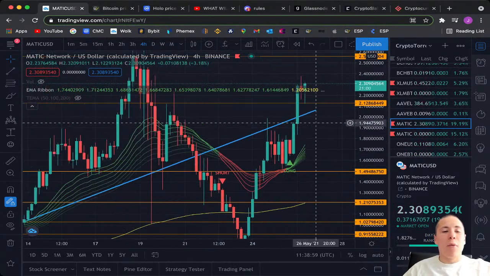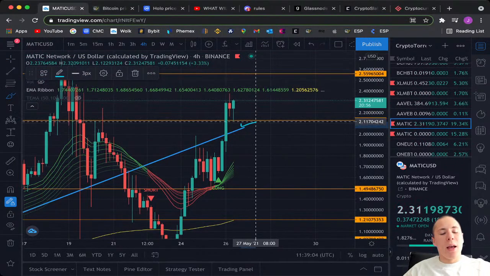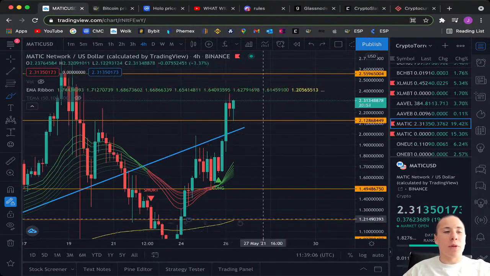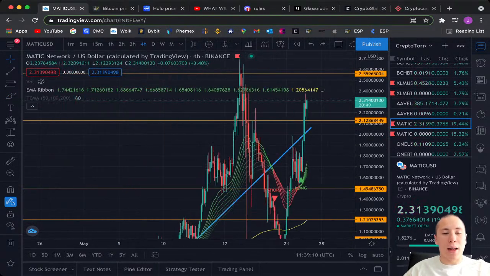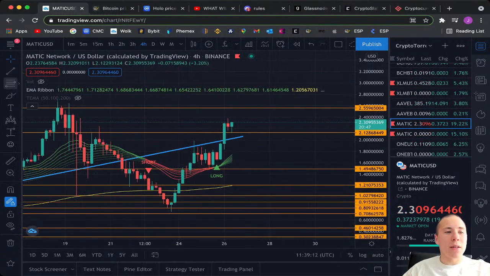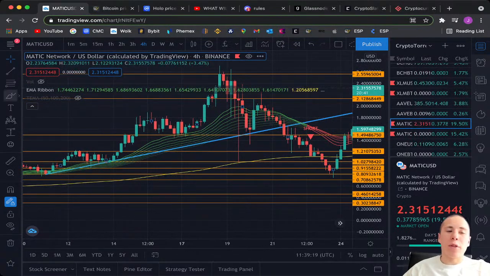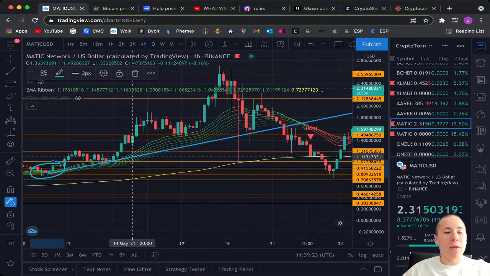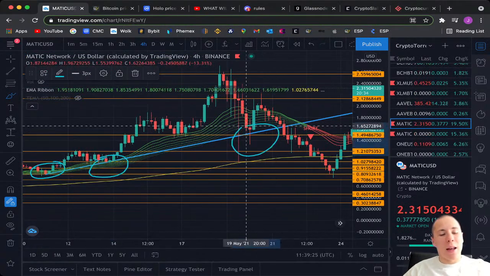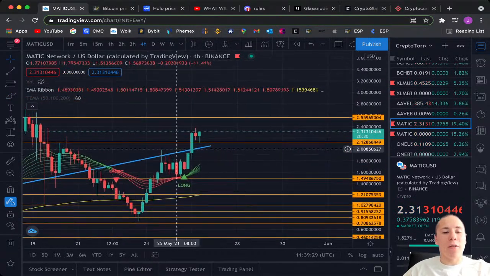And right now, what I personally want for Matic is to retest this upward sloping support and find support on top of it instead of breaking below this upward sloping support line. And as you can see, this is a major level of utmost importance because this upward sloping support line, or upward sloping resistance, as it served before, has already seen several touch points in the past and is actually a very important and key level of support and resistance.